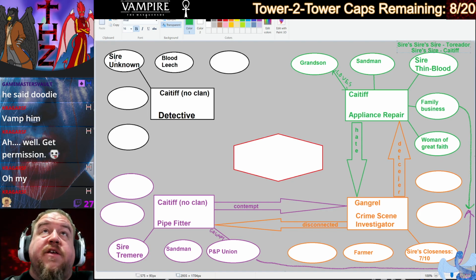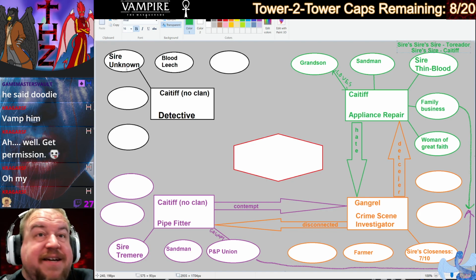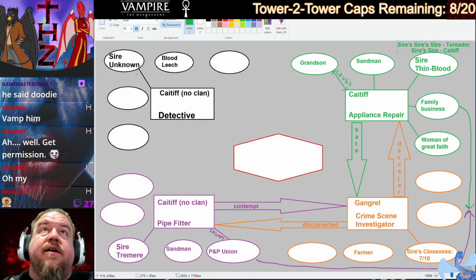Now, we don't know who this person's sire is. Even the caitiff doesn't know. Whereas before it was the gangrel, it could be the same gangrel, except this is a caitiff that was made, or this could be a copycat killer, or an embracer sort of a thing.